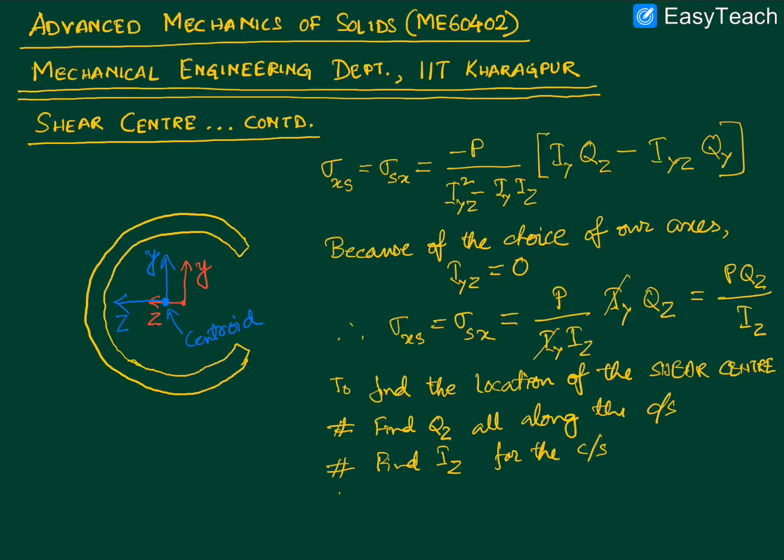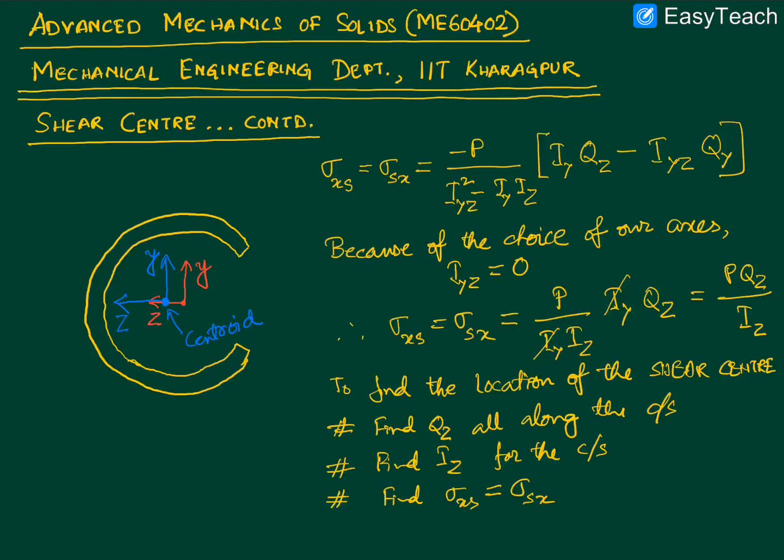After we have done these two steps, what we'll need to do is come back to the expression of sigma xs is equal to sigma sx, because we already know the value of q and z from the qz and iz.